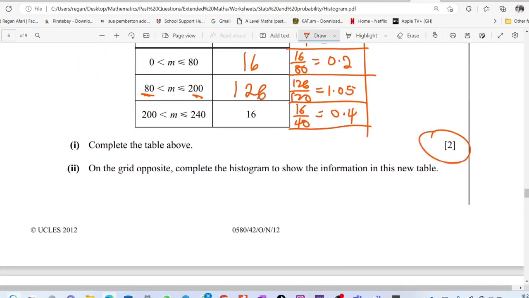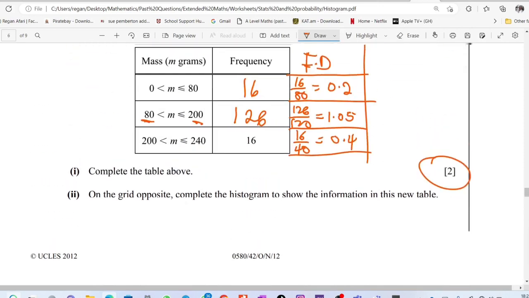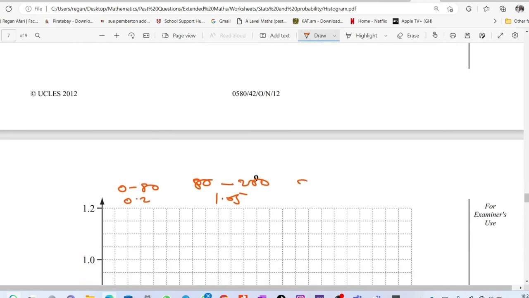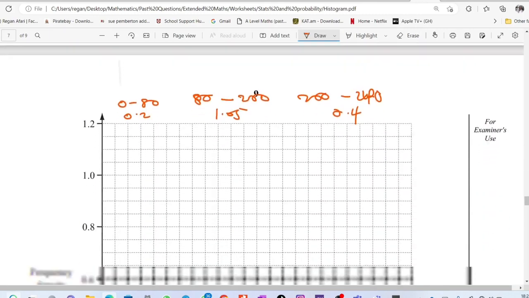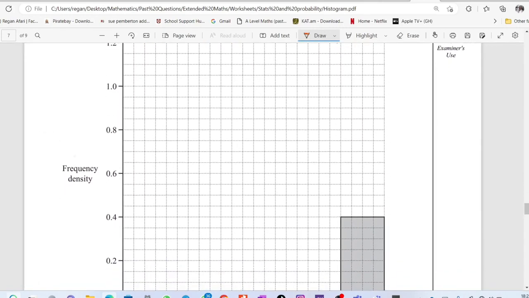Then 80 to 200 was 1.05, I believe. Yep. 200 to 240, 0.4. Cool. So now we can squeeze it a little to get more space to work.